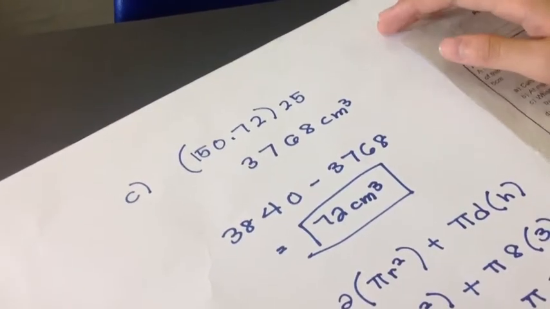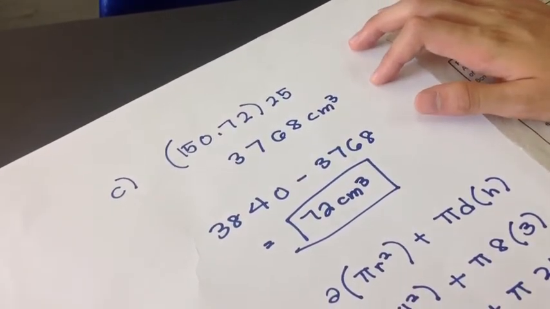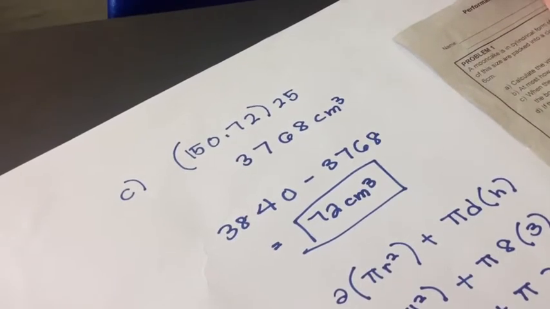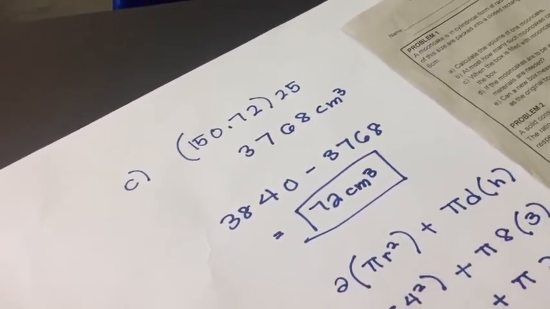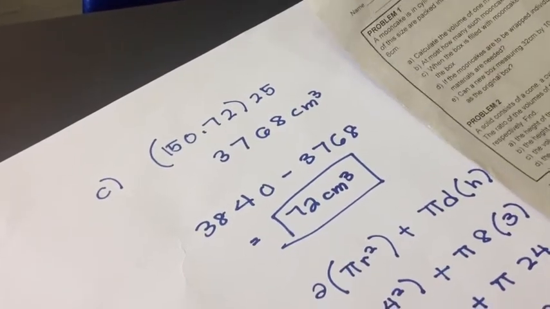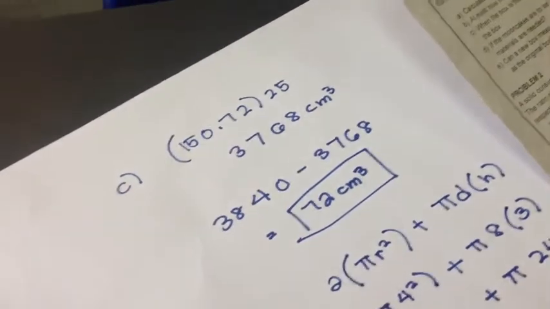Now, what we're gonna do is subtract the volume of all 25 mooncakes from the volume of the box, and that is 72 cm cubed. 72 cm cubed will be the volume of empty space in the box. So that will be our final answer for the third question.